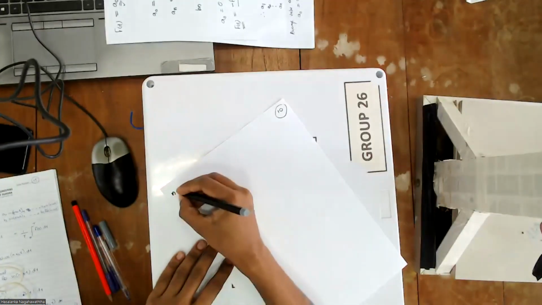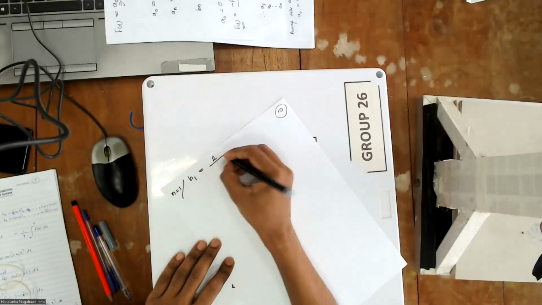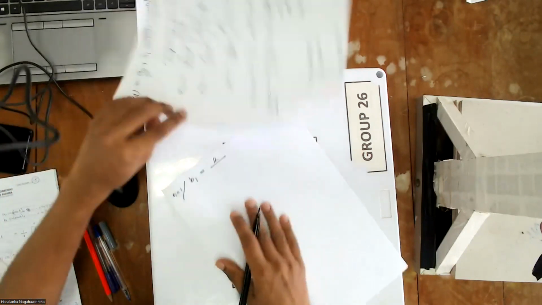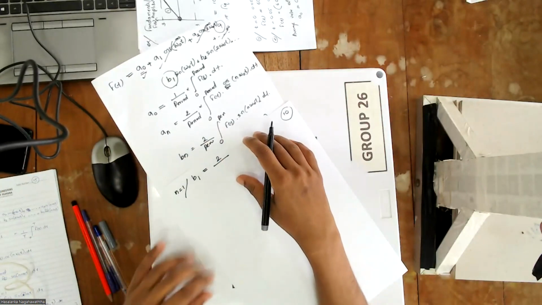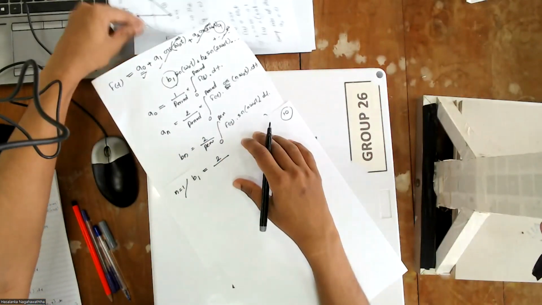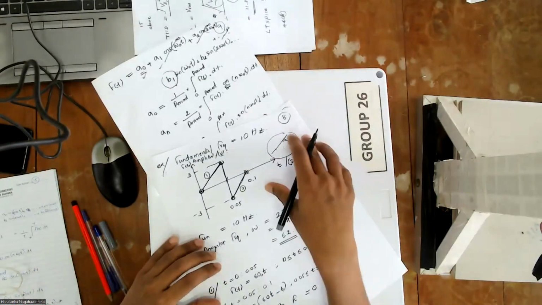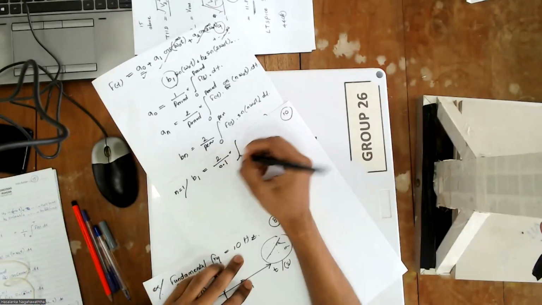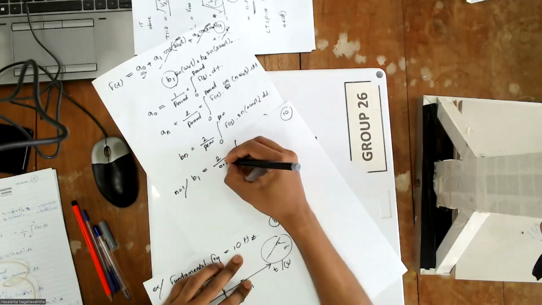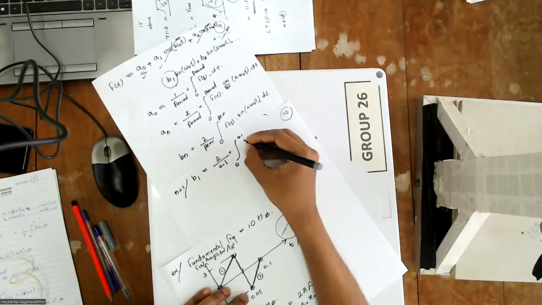So when n is equal to 1, B1 is 2 over period. Here the period of the function is again 0.1, and integration from 0 to the period, 0.1, of f(t) sin n omega naught t dt, where there are two functions.